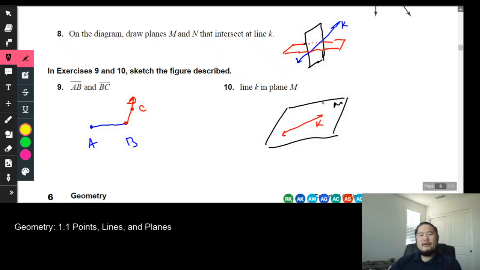All right, so that right there is 1.1 in a nutshell. Try your best. Work on Big Ideas. Make sure that you also show your work on a separate sheet of paper. There might not be too much work to be shown here, so you're mostly probably going to put answers down.